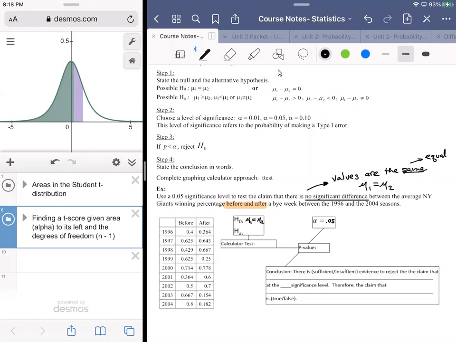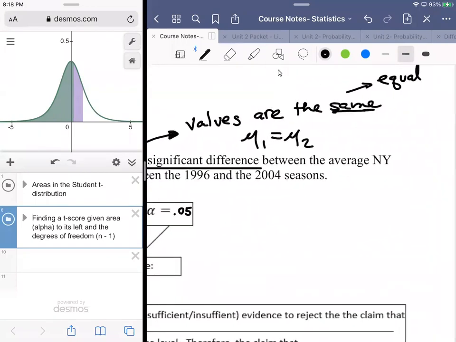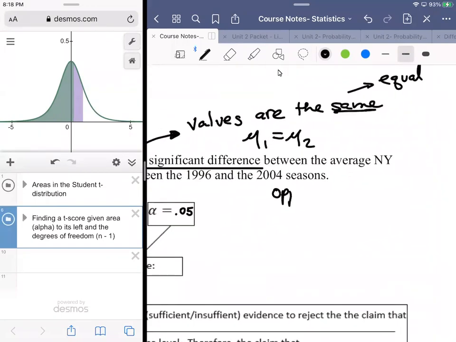So if we think about it, what is the opposite of equal? Well, not equal. The symbol for that would be not equal.